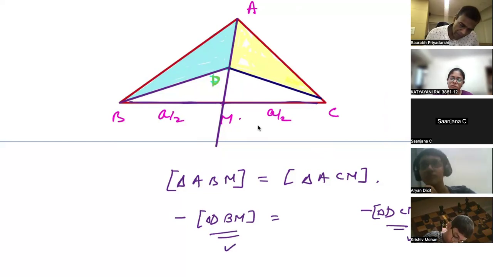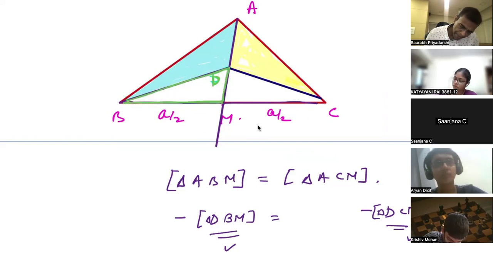Since we have already seen in this, the triangle is given, this triangle, and the other triangle is this one.